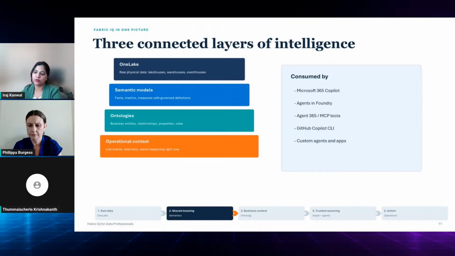And then we have the operational context. The operational context is live signals, events, telemetry, alerts, and current state that give you live data. Then agent and Copilot experiences can consume all of this. So the goal is not to expose every raw table to every agent. The goal is to give the agent a governed, business-friendly context layer.